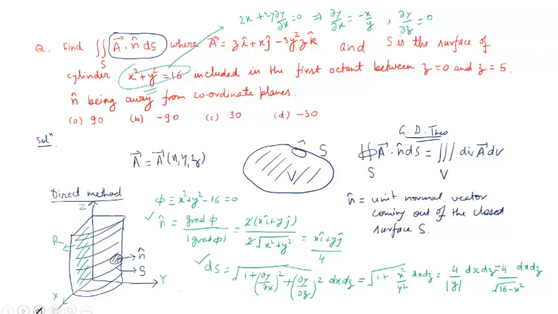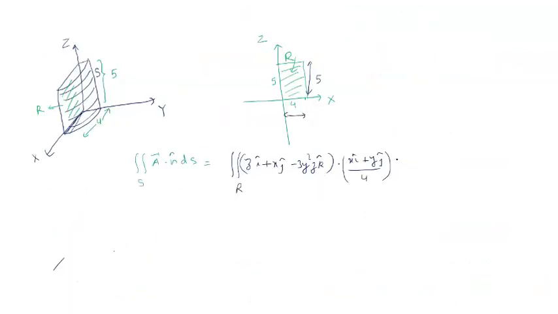So we use this value here, 4 upon square root 16 minus x square dx dz.